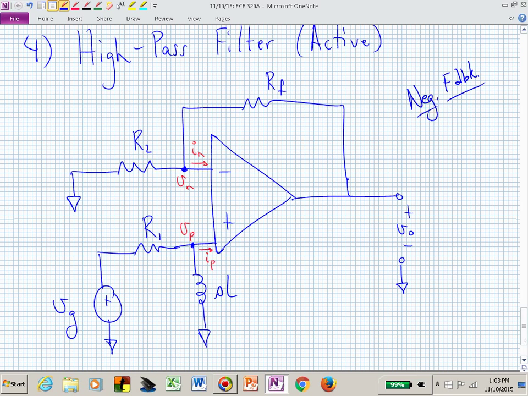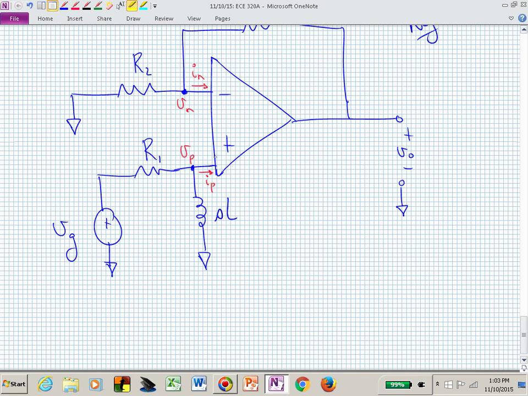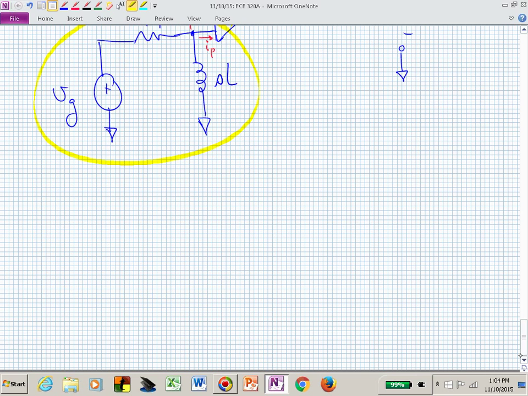Let's look at, for starters, let's look at this piece. If I do not have any current going into I sub P, do you see that that little piece is sort of isolated in effect? I can just analyze it by itself. That's what I want to do now.